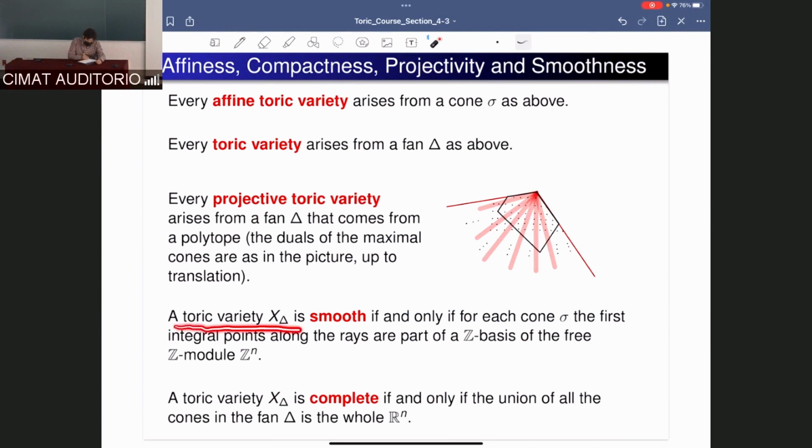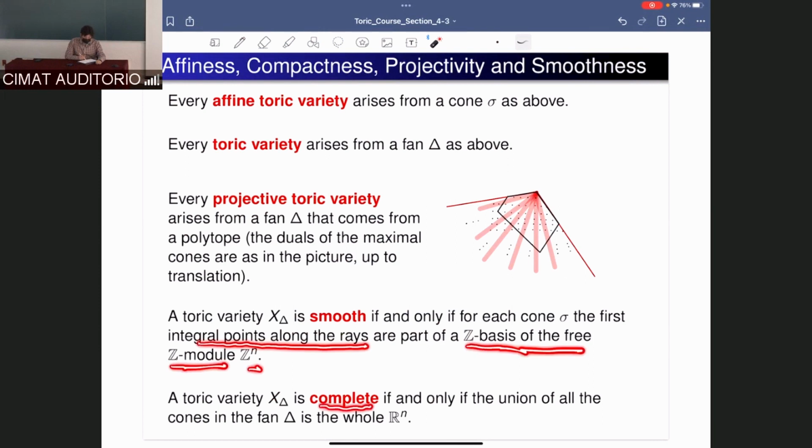Every toric variety that is smooth, I can characterize that. This is if and only if for each cone in your fan, you look at the first integral point along the rays of the cone, they are part of a Z basis of the free Z module Z^n. That's how we characterize smoothness for toric varieties.